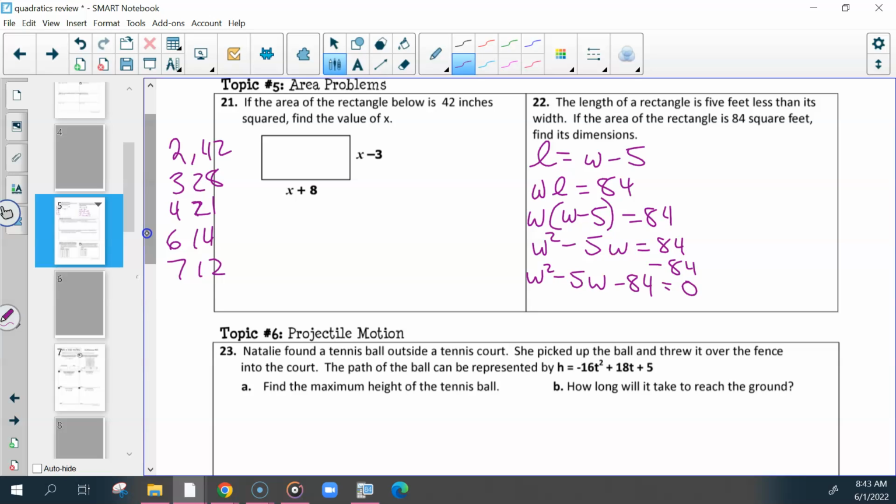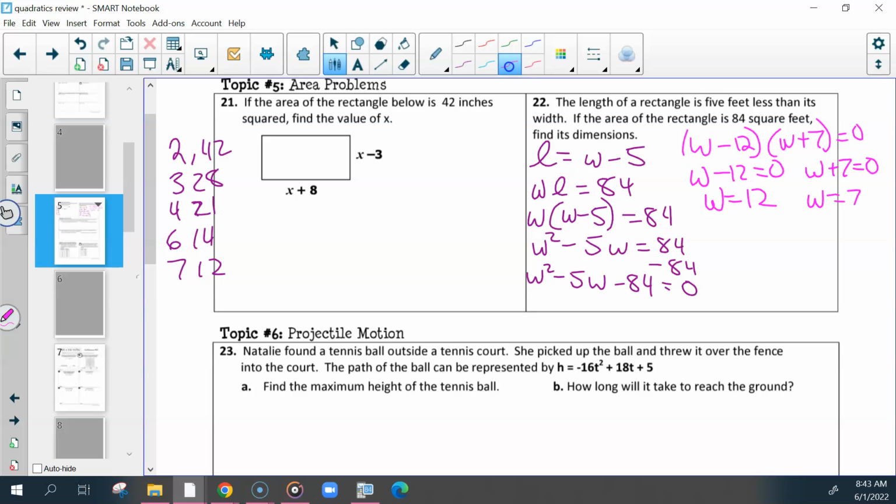Yeah, so if we have W minus 12 and plus 7, and we set both of those equal to 0, we have 12 and 7.